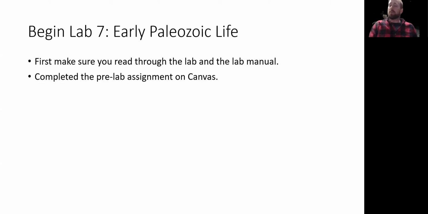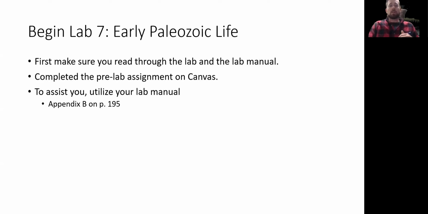I still want you to complete the pre-lab assignment because those are more critical thinking questions about understanding the reading that comes before the lab exercise. So I still want you to read through that lab exercise, especially the intro part, just as you would if we were meeting in class. So look at Appendix B on page 195. That's really, really going to help you with the next 4 labs. This one, late Paleozoic, and the last 2 that we're going to do for the semester.